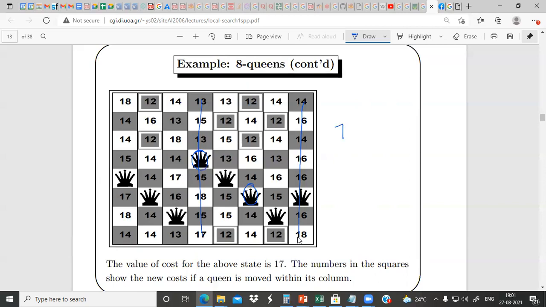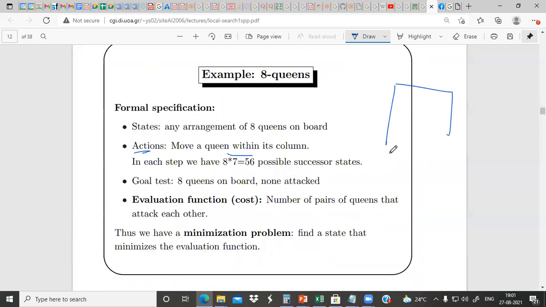Each queen can move to any of the other 7 positions, since it is already in one of the 8 positions in its column. This applies to all the queens. With 8 queens, there are 56 possible successor states, because each queen can move to any one of the 7 other positions. What is the goal test? 8 queens on the board and none of them attacked.